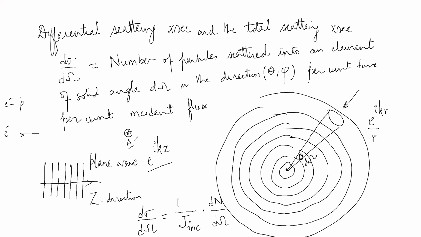Now this nucleus is a positively charged particle, and that means it provides a Coulombic potential, which would imply that as the electron moves closer towards this target, it will feel the presence of the potential and will modulate its path. Is it clear?